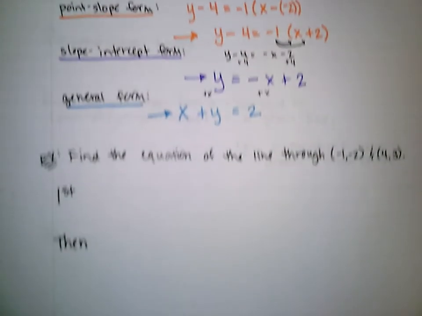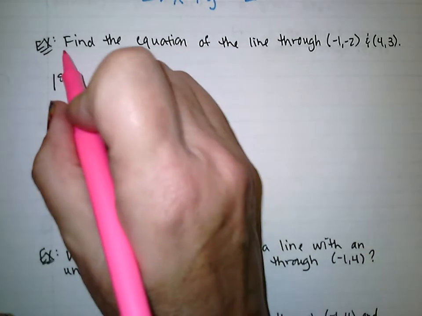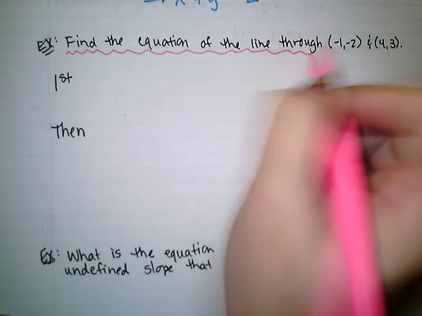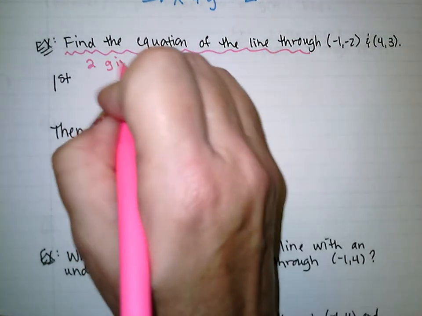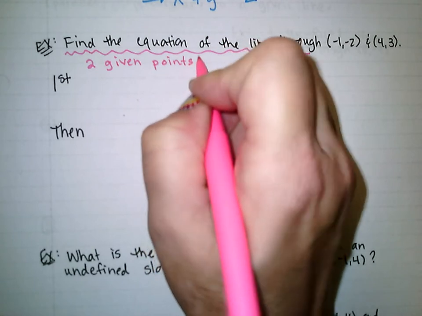Okay, let's take it a little further and find the equation of the line through two ordered pairs. So find the equation of the line through two given points if we wanted general instructions.